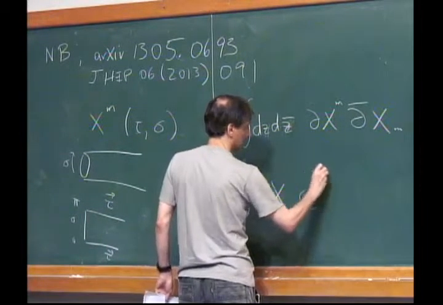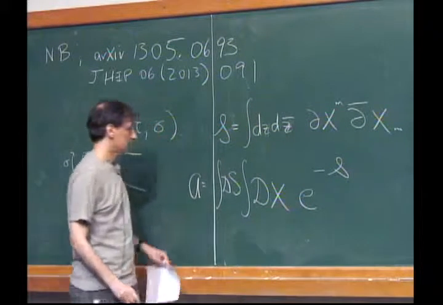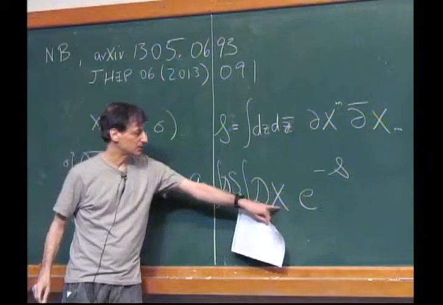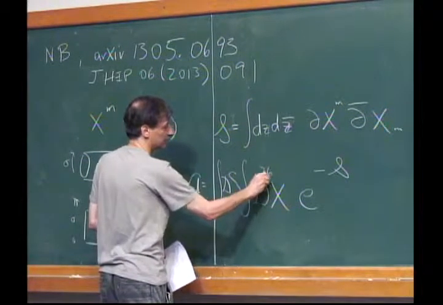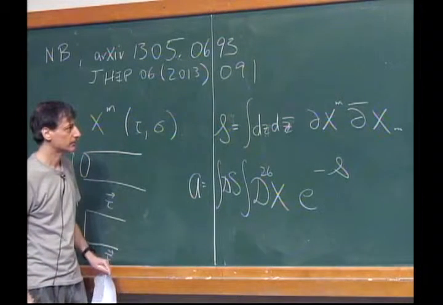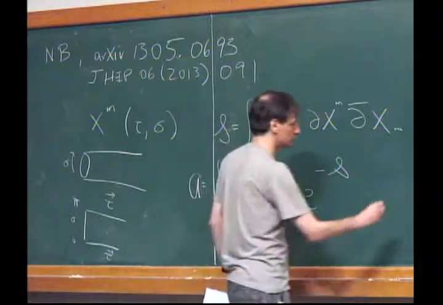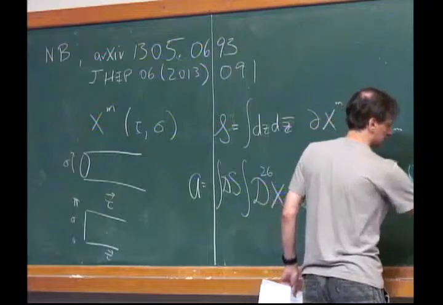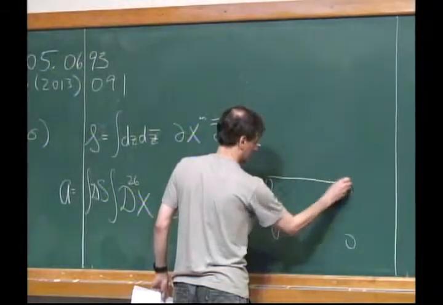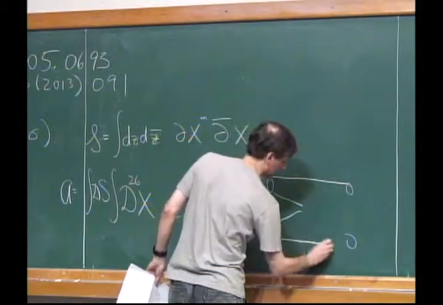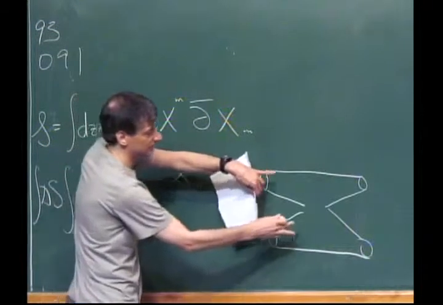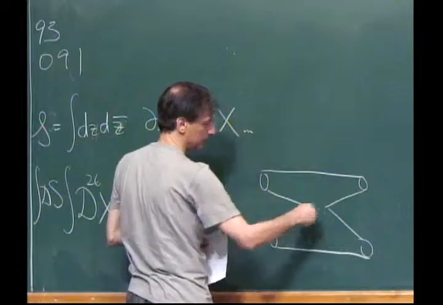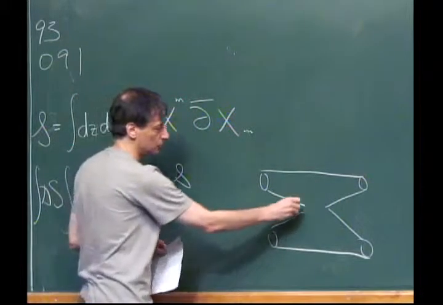By defining some kind of two-dimensional correlation function. So this is supposed to be a path integral over all the x's. So for bosonic string theory, you have 26 of these. And then the idea is you're supposed to integrate over all surfaces which connect incoming and outgoing strings. So this is supposed to be incoming strings, this is outgoing strings. And this would be a tree amplitude because there are no loops.